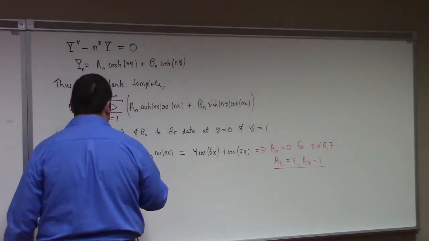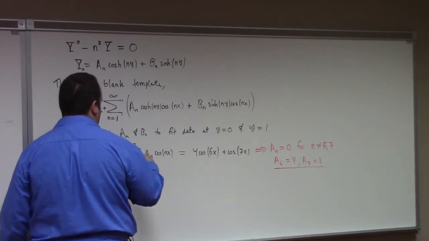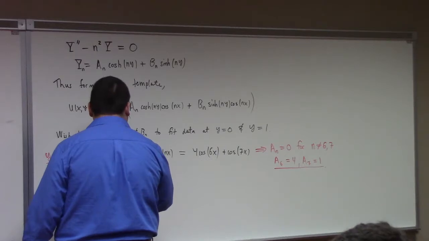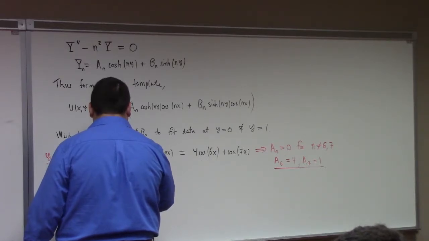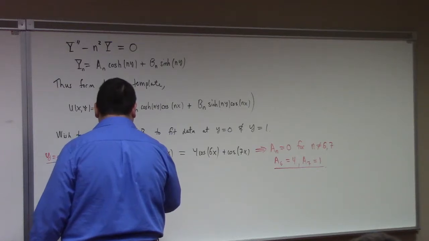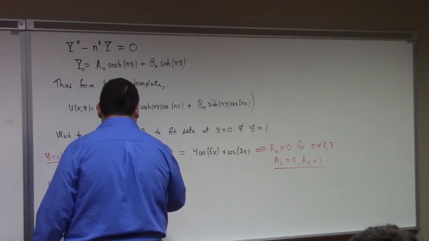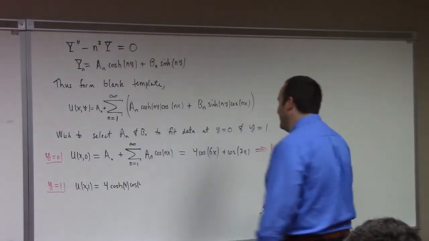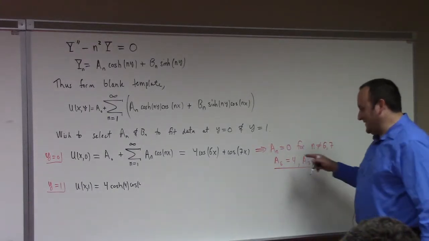And we also got 4 cosh of 4, cosine of 4. I'm an idiot. n equals what is non-zero? Not 4. n equals 6.